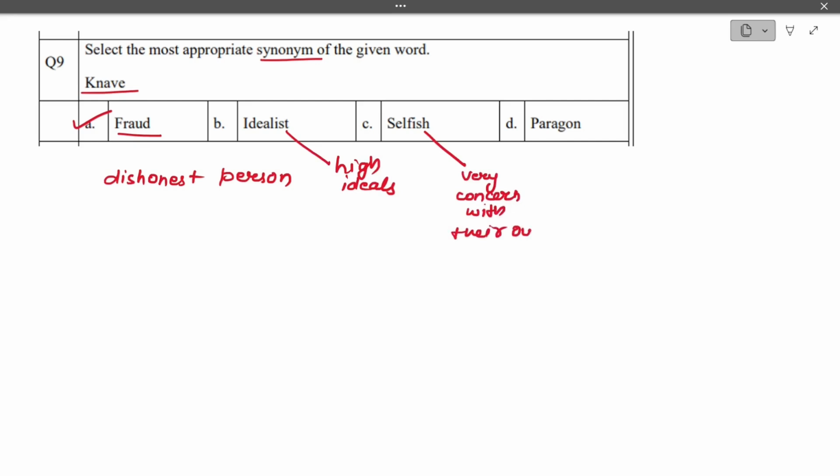And paragon means a model of excellence, basically someone who is a model of excellence. For that we use the word paragon, but in this case the correct answer was fraud, because the meaning of the word knave is a dishonest person. So the correct answer is option number A, which is fraud.